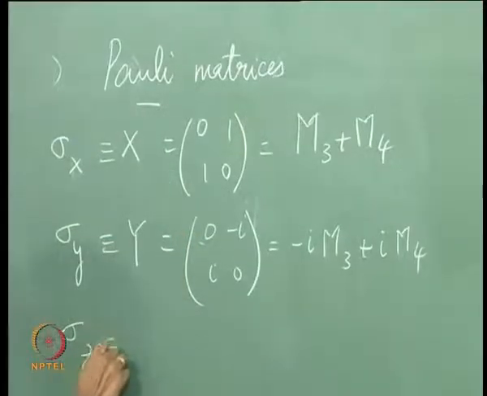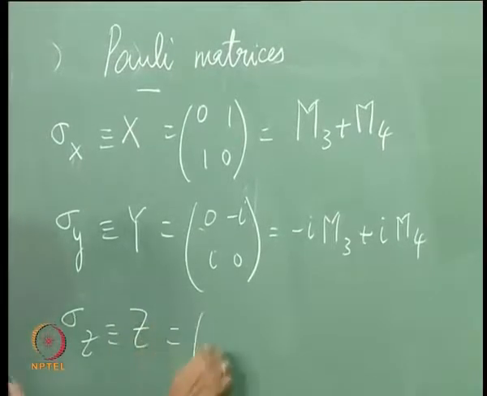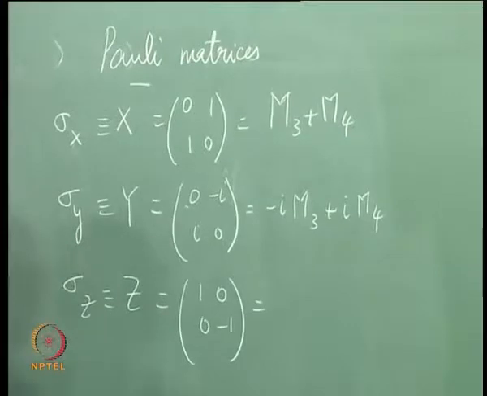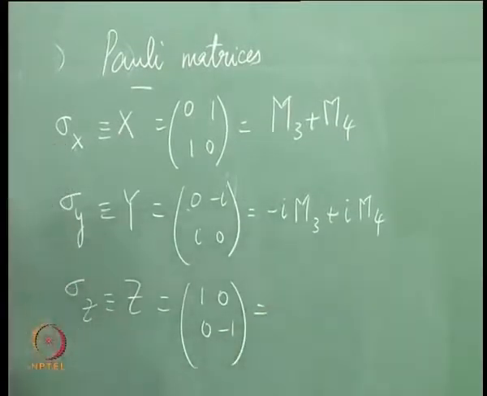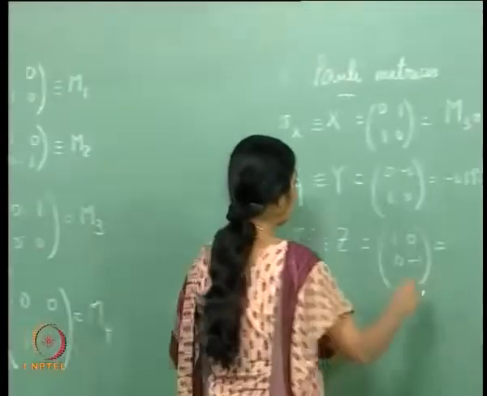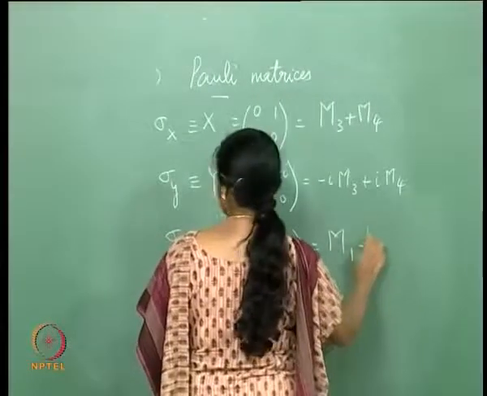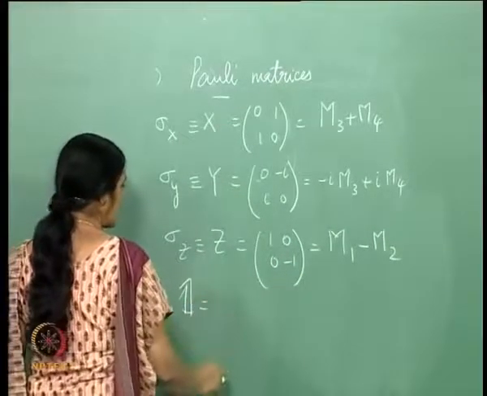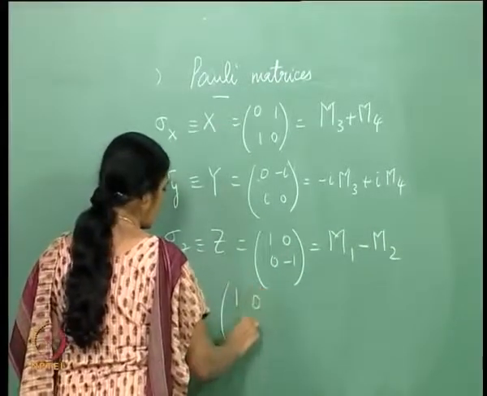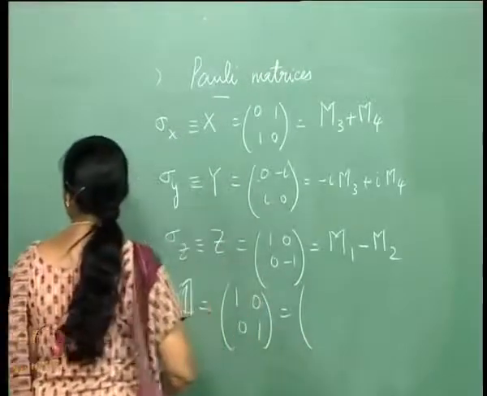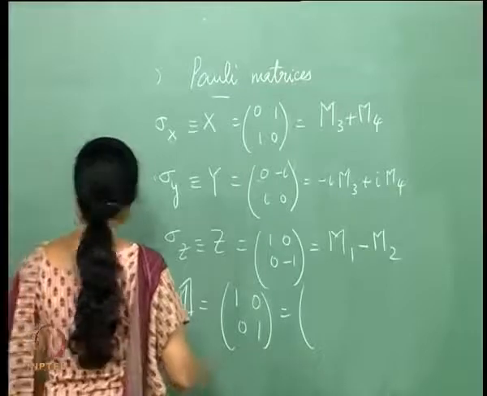Then sigma z, which I will call Z, it is 1 0 0 minus 1, and this object is M1 minus M2, and of course the identity matrix, which is 1 along the principal diagonal, and that is M1 plus M2.